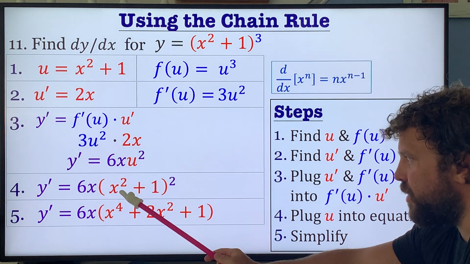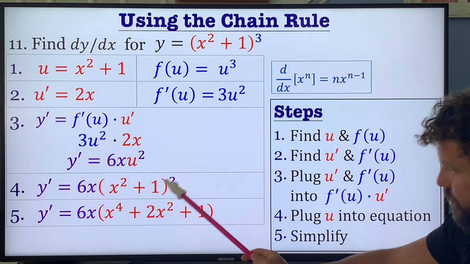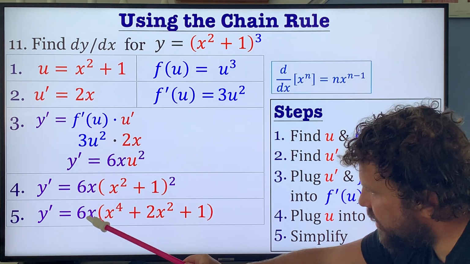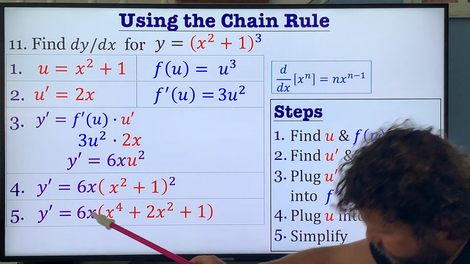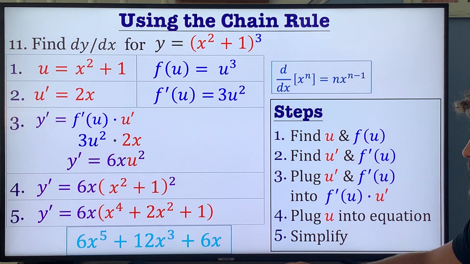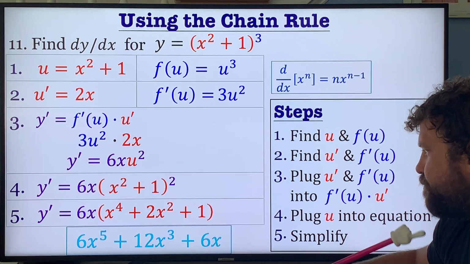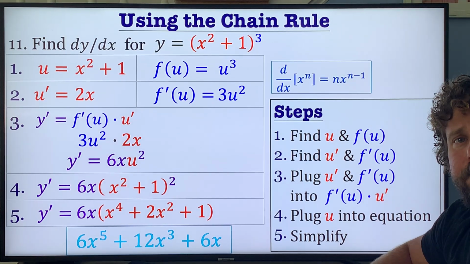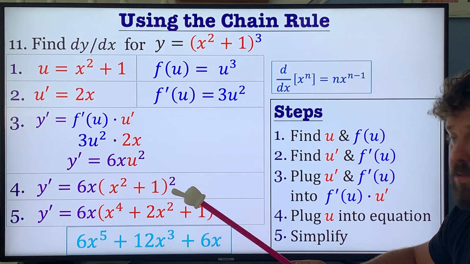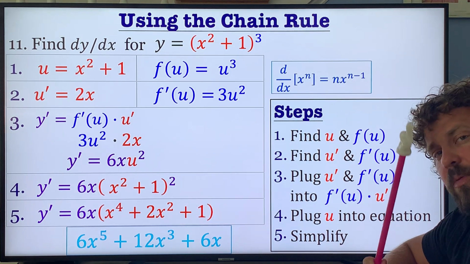If you want, you could FOIL this, x to the 4th plus 2x squared plus 1. That's where you get that from. And then distribute the 6 into there. And you get 6x to the 5th plus 12x cubed plus 6x. This right here, though, perfectly acceptable. All right? Not too terrible, right? Not too terrible, but we're going to do a couple more.